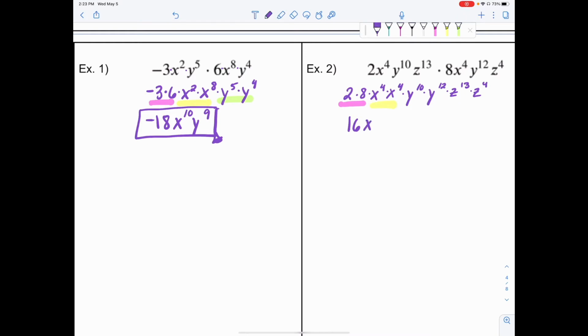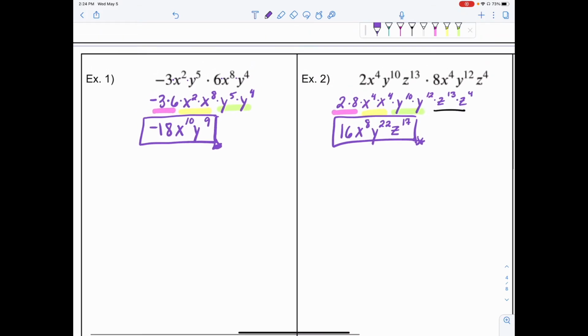We keep our base the same. We add our exponents, so we would get x to the 8th. For our y's, same thing, keep our base the same. Add our exponents, so we get y to the 22nd. And same thing for our z's. Keep our base the same, add our exponents, we get z to the 17th. So our final answer, 16 x to the 8th y to the 22nd z to the 17th.